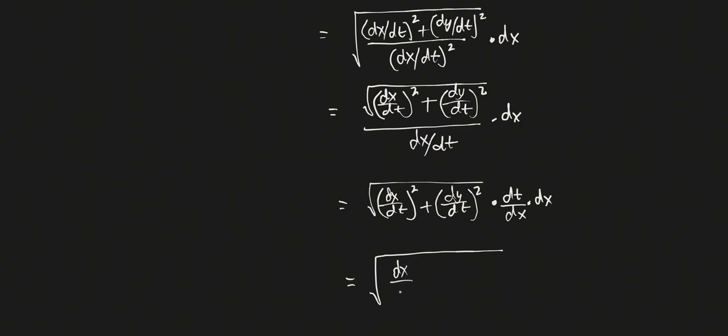It's the square root of the derivative of x with respect to t squared plus the derivative of y with respect to t squared, times dt. So this now is the arc length differential if I have x being a differentiable function of t, and y being a differentiable function of t.